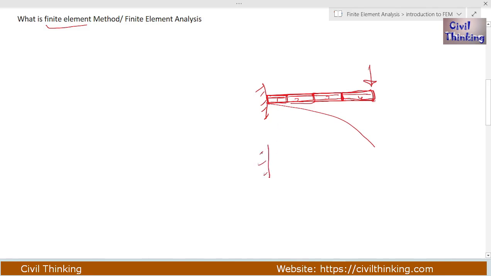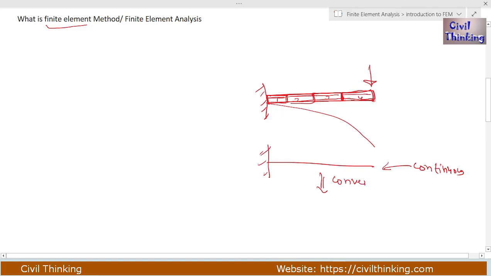Although this beam is continuous, we converted it into a definite number of finite elements.